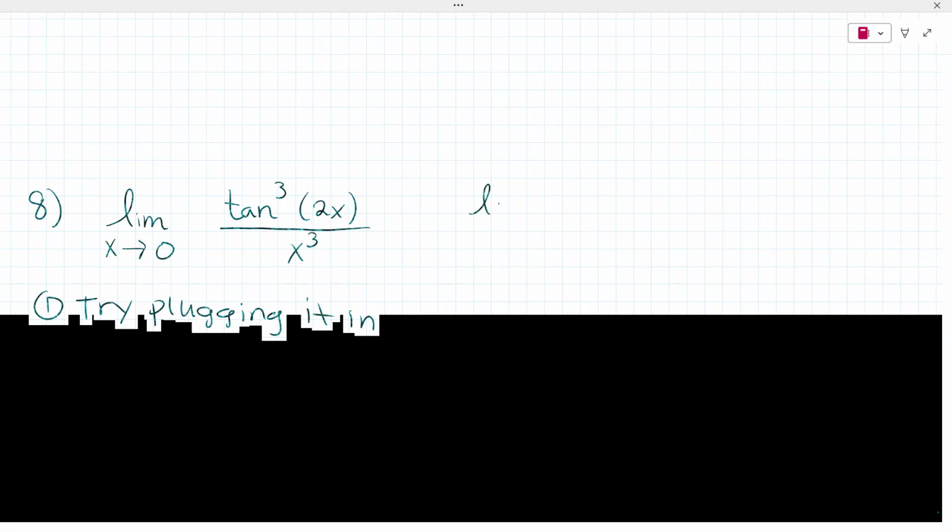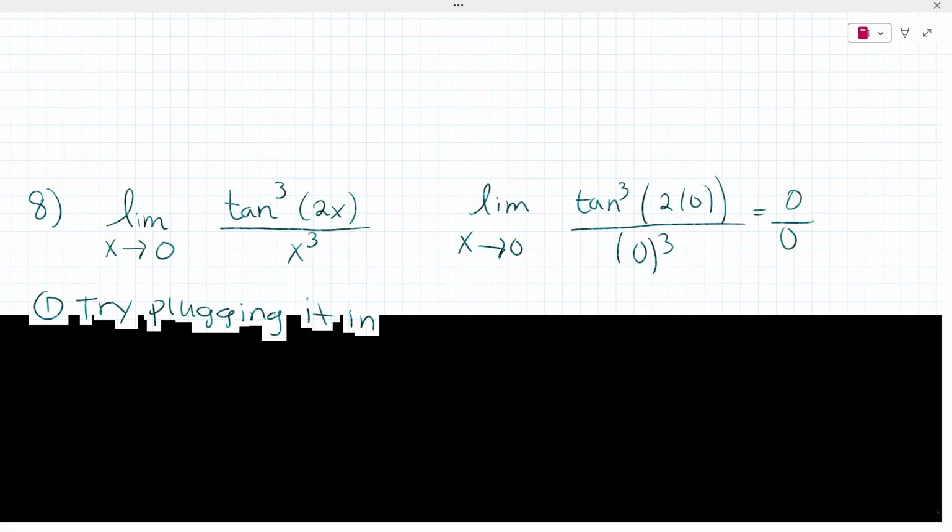So I would get the limit, and then just replace x with 0. So 2 times 0. This is 0 over 0, which is indeterminate form. So big no no.